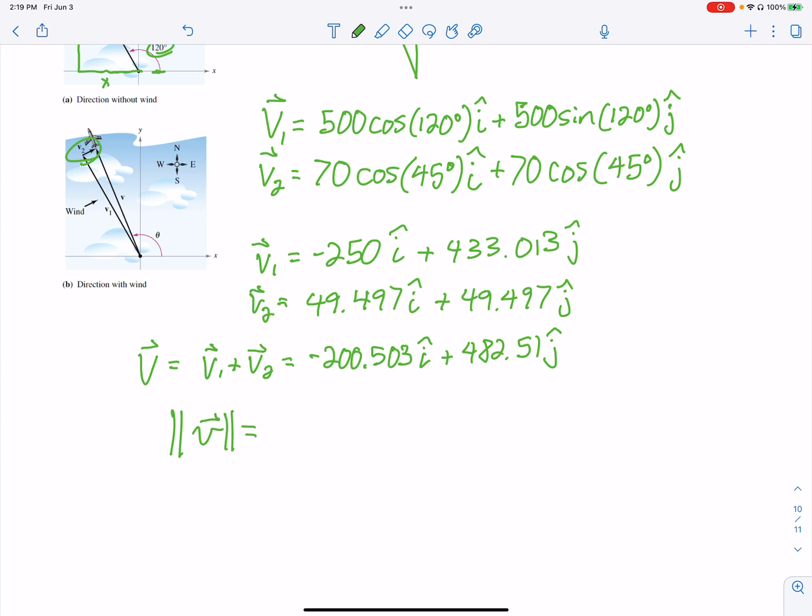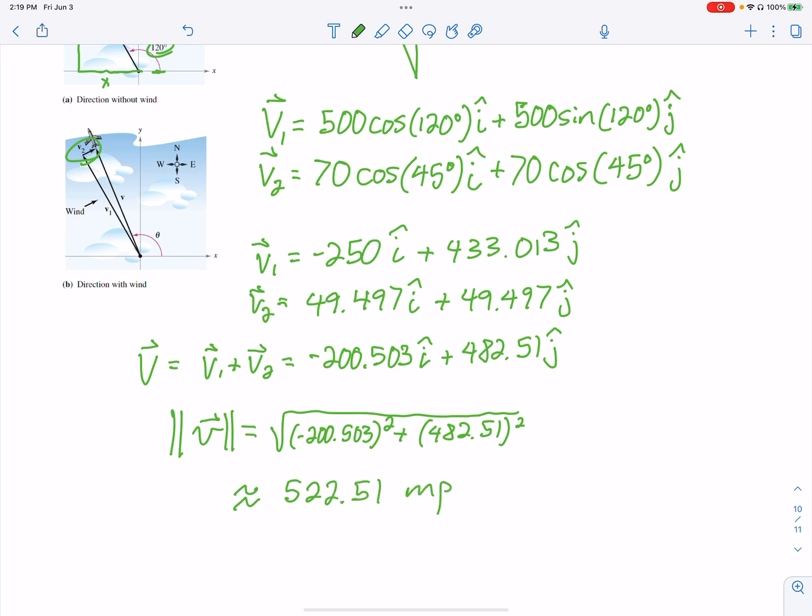If I take the magnitude, that's each part squared. So we'll write that out. Negative 200.503 squared plus 482.51 squared. I sum them, I take the square root, and we get 522.51 miles per hour.